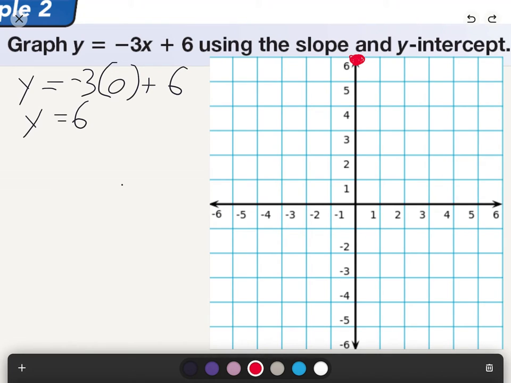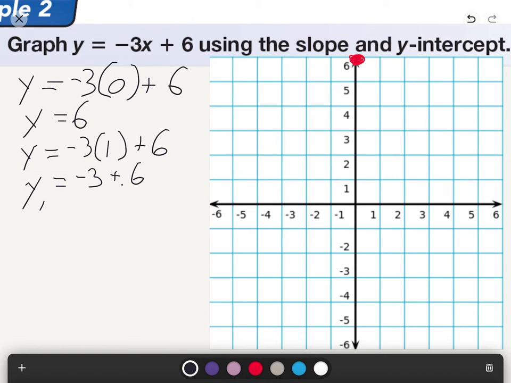So I'm going to rewrite the equation as y equals negative 3 times 1 plus 6. So doing that out, we would get y equals negative 3 plus 6. Combining those values, we get y equals 3.